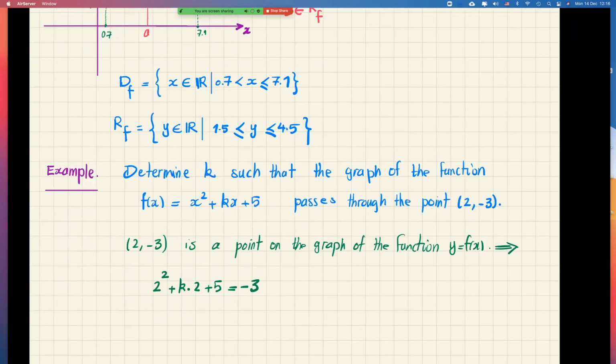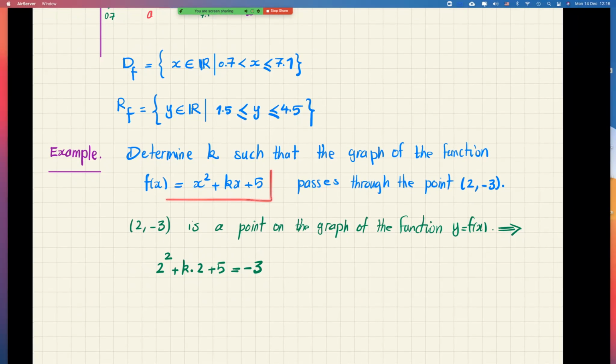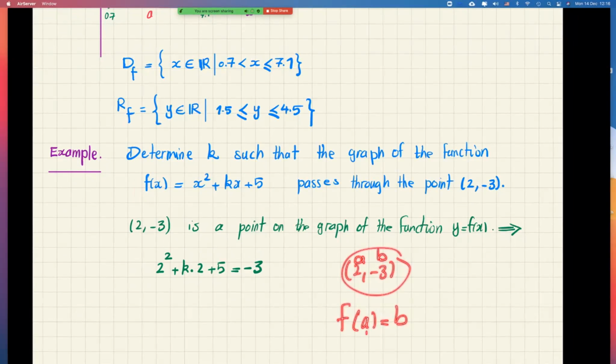So I have just done the same thing. f of x is this one. I know that (2, -3) is on the graph. So this is playing the role of A, this is playing the role of B. So f of A should be equal to B. But A is 2, so f of 2 is equal to -3.